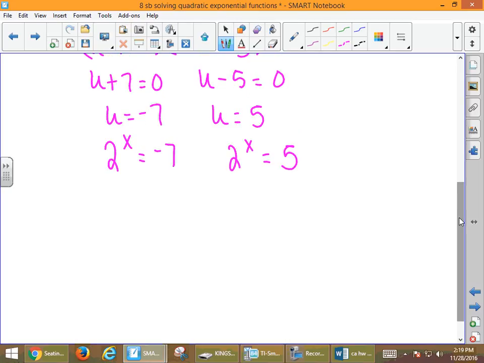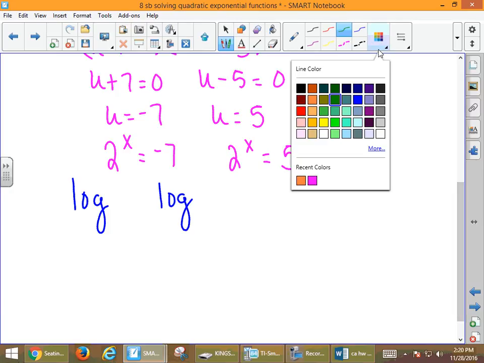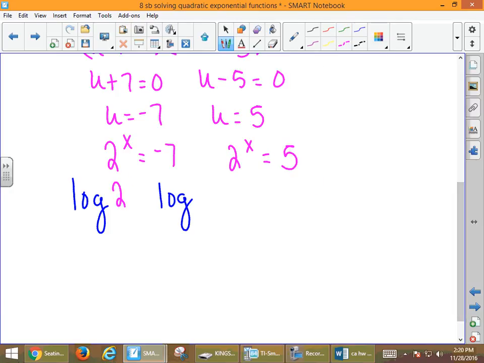And now we can solve this. Once again, when we put a logarithm in over here, the value of our logarithm, sometimes called an argument, must always be positive.